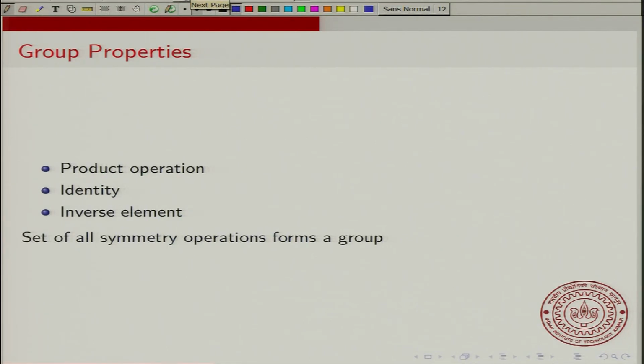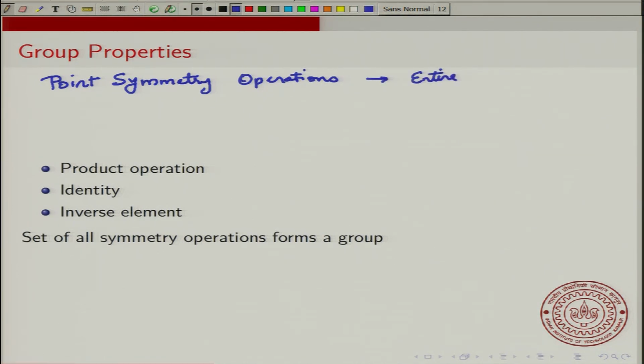Now, one of the things is that the entire set of point symmetry operations forms a group.